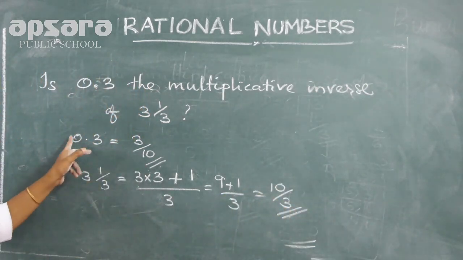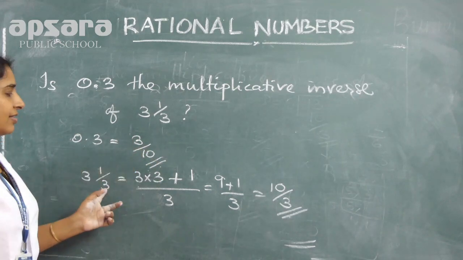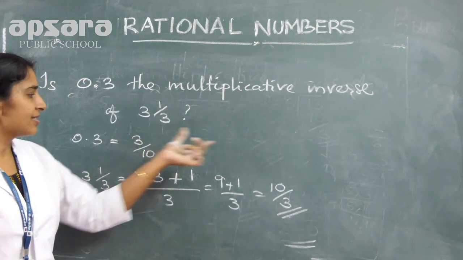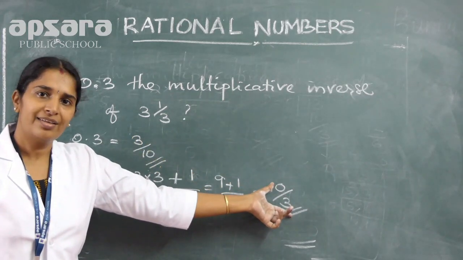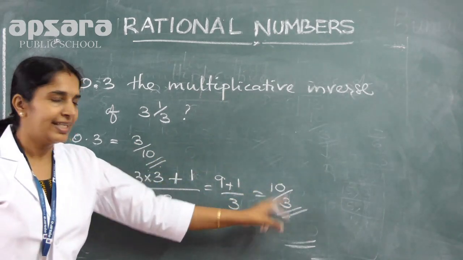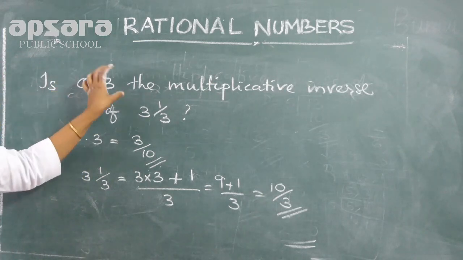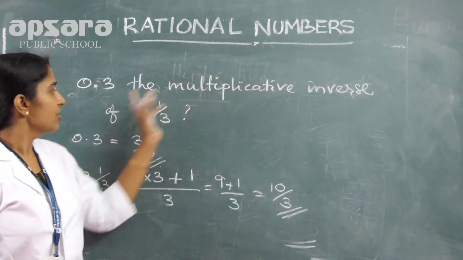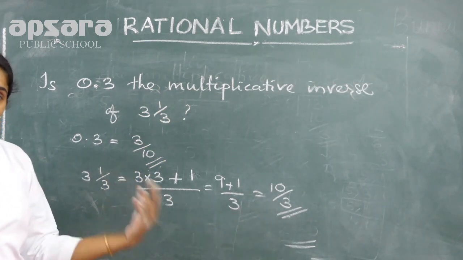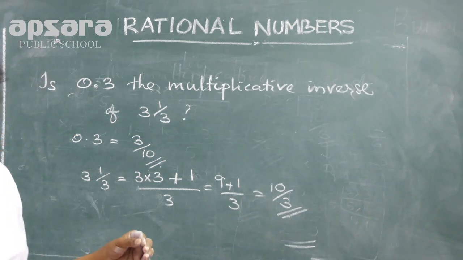So see, 0.3 is equal to 3 by 10. 3 1 by 3 is equal to 10 by 3. So whether 3 by 10 is a multiplicative inverse of 10 by 3? Yes. Right? 3 by 10 and this is 10 by 3. So you are getting that 0.3 is the multiplicative inverse of 3 1 by 3. Is it clear, children? So this is how you find out whether it is a multiplicative inverse or not.